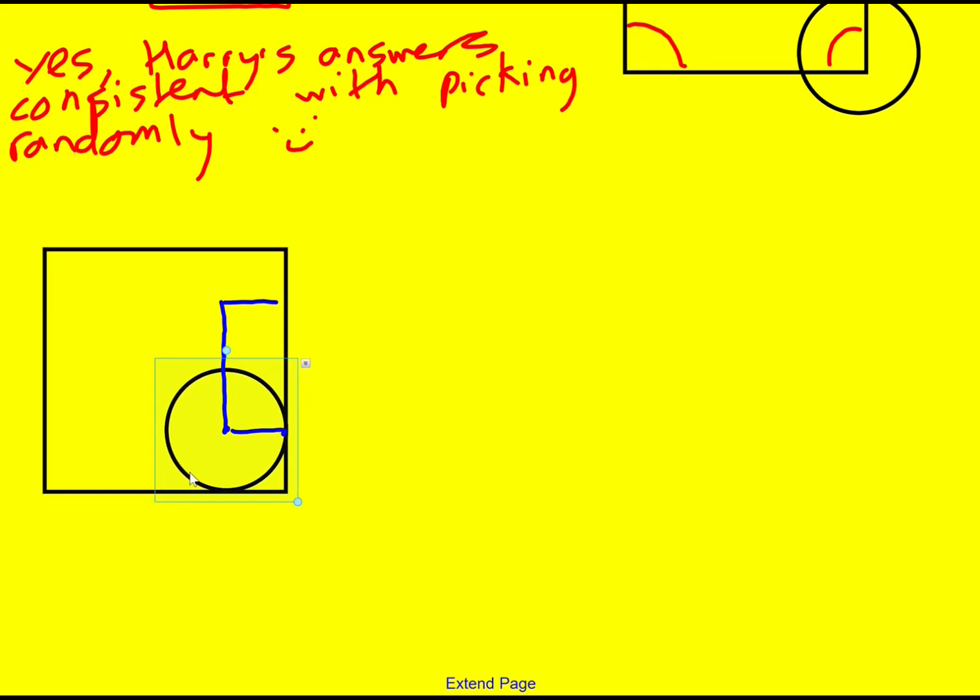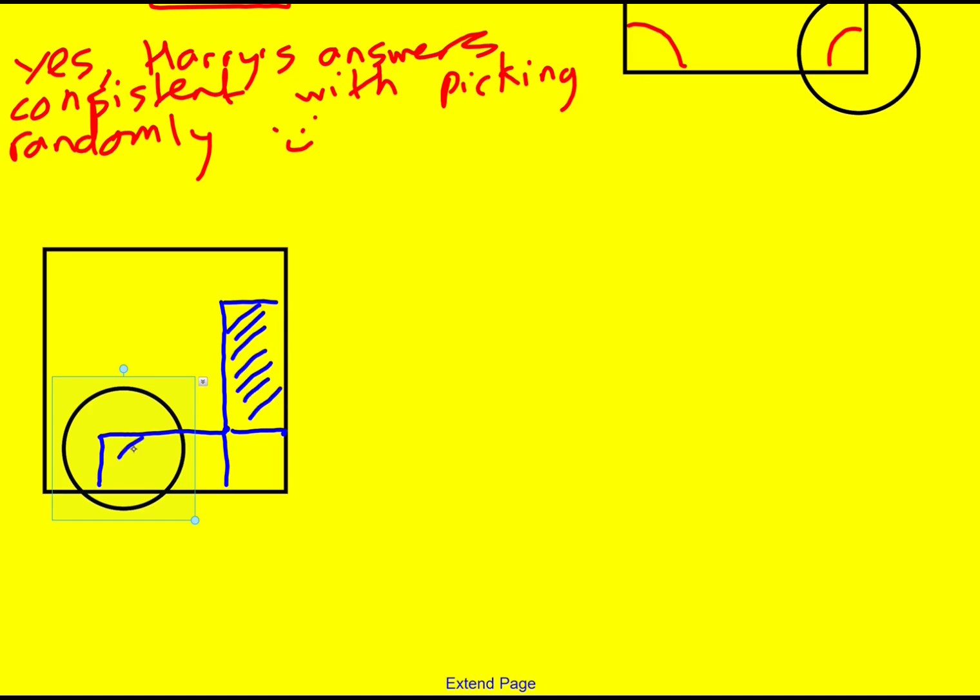I could also be moving across. This would all give 2. So the boundary, as long as I don't hit this little square. So that is the region where Harry would pick 2.